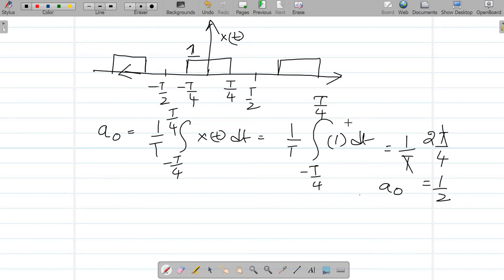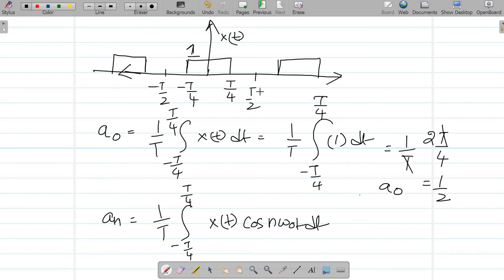Okay. So let me evaluate the next one, which is the an, which is nothing but 1 by T integral from negative T by 4 to T by 4 of x of t cos n omega naught t dt. Now we have to evaluate this.